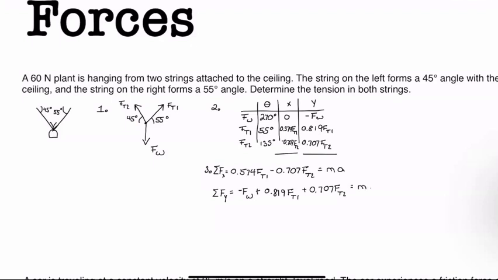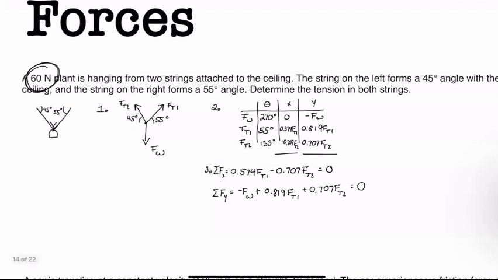Now we know that the plant is not going to be moving. Therefore, my acceleration, both in x and in y, is going to be 0. Therefore, here 0, here is 0. And from there, I am going to be substituting this value right here, which is the 60 newtons, in my weight.